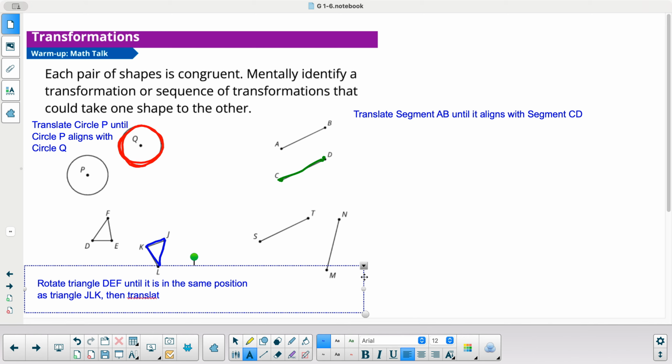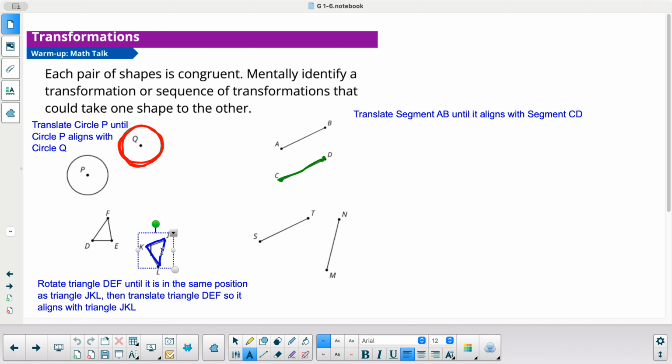Then translate triangle DEF so it aligns with triangle JKL. I should have said JKL instead of JLK, because watch this here.